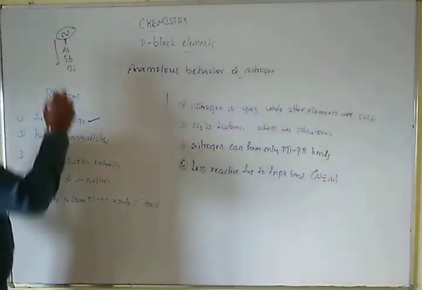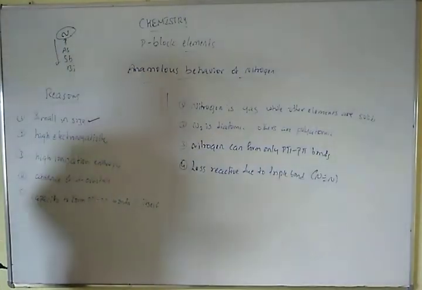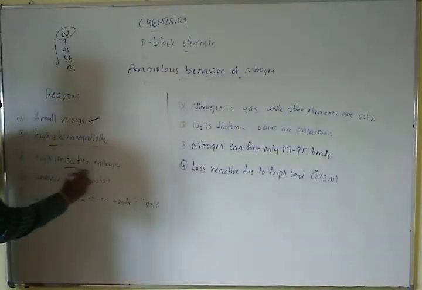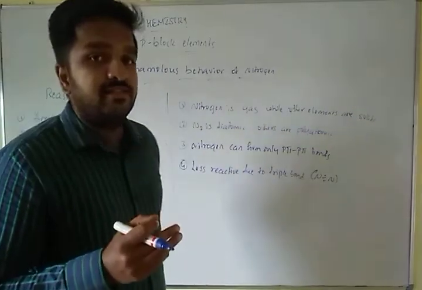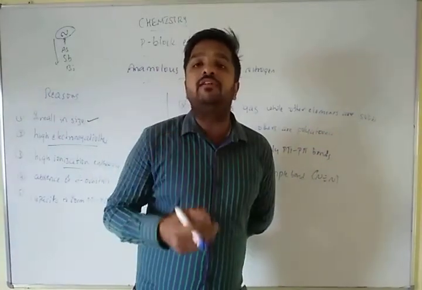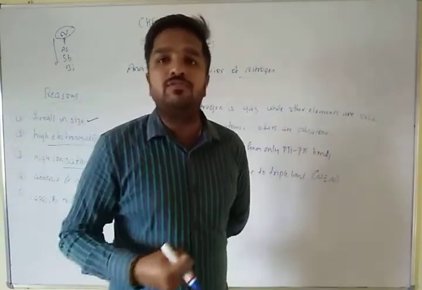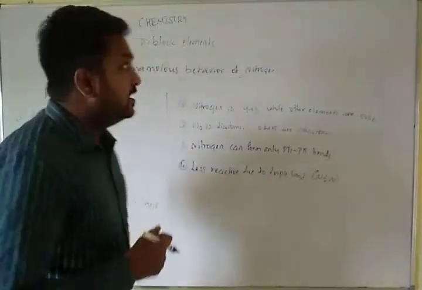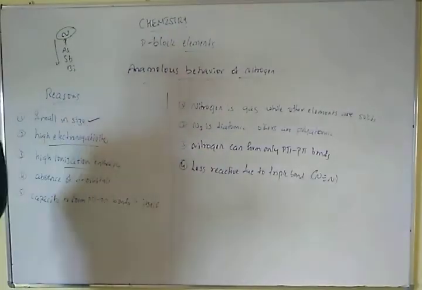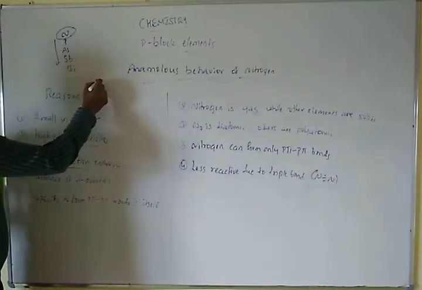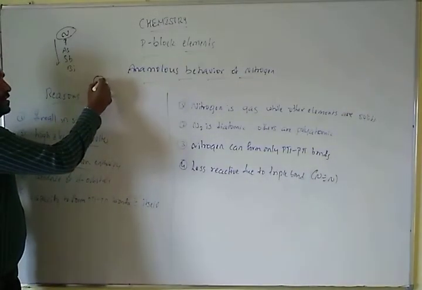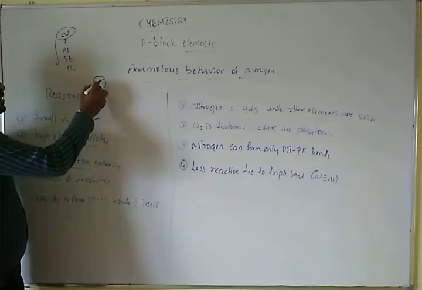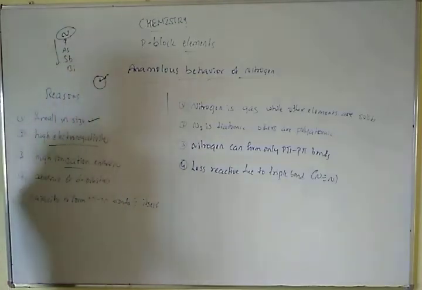So as the atomic size is less, what about ionization enthalpy and electronegativity? Ionization enthalpy is the minimum energy required to remove the outermost electron from its atom. Clear? As the atomic size is less, with only a few shells, the force of attraction between the nucleus and the outermost electron will be more.